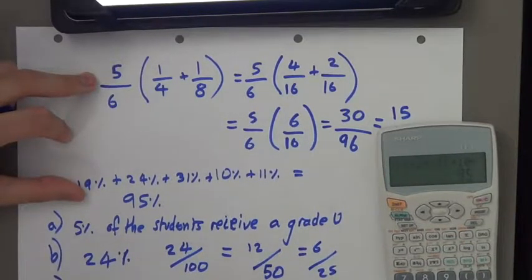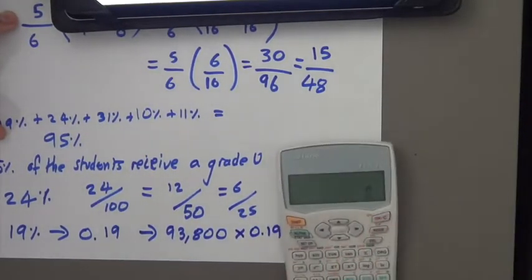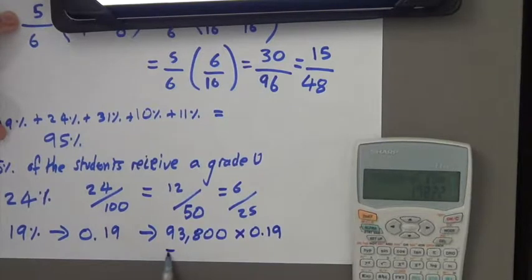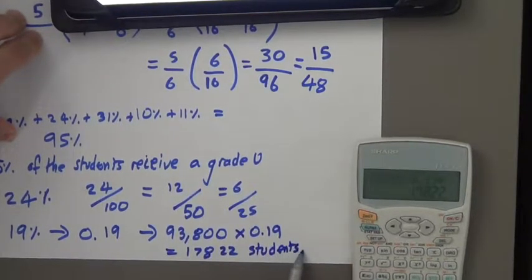Then I'm going to do 93,800 students times 0.19, and that gives me 17,822 students. Okay, that's my answer to that.